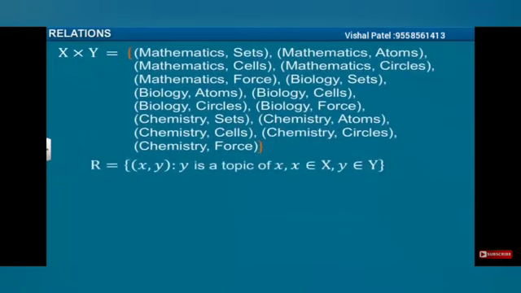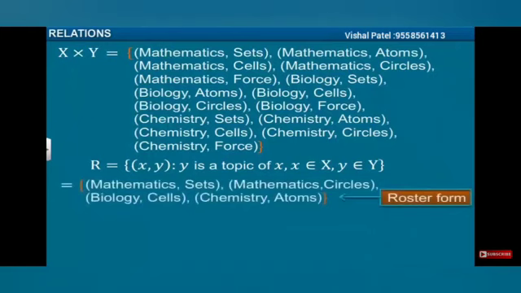Now what is relation? Relation R is equal to {(x, y) where y is a topic of x, where x belongs to X and y belongs to Y}. So here our question, where R is a relation denoted by R, is in set builder form. So what is our answer? y is the topic of x, right?